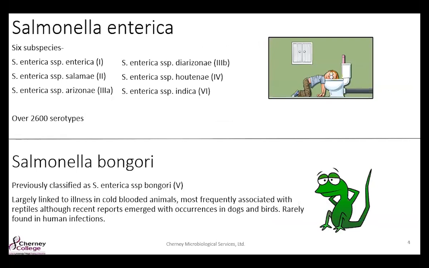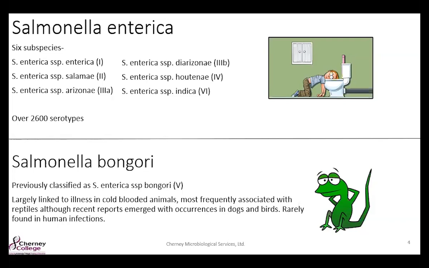Salmonella enterica has 6 different subspecies listed up there. And you'll notice those Roman numerals as we go: 1, 2, 3A, 3B, 4, and 6. You might wonder what happened to the 5th. Salmonella bongori was previously classified under Salmonella enterica. However, it was different enough that it was classified as its own species division.